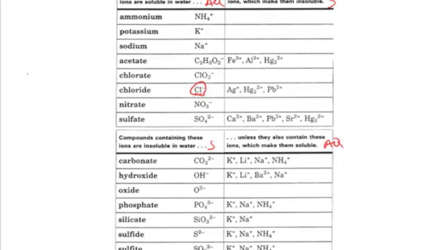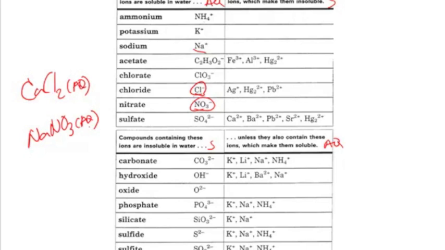So therefore, calcium chloride is aqueous. Okay, the next one is sodium nitrate. Well, anything mixed with sodium is considered to be aqueous, and also nitrate. Okay, so sodium nitrate is also aqueous.